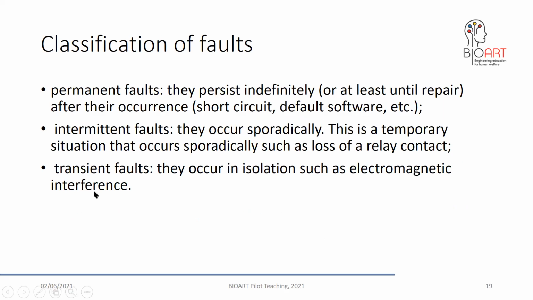From the other side, faults could be classified as permanent faults, which persist indefinitely after their occurrence; intermittent faults, which occur sporadically; and transient faults, which occur in isolation, such as, for example, electromagnetic interference.